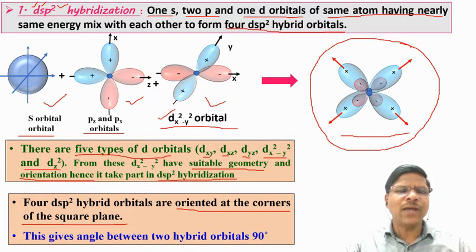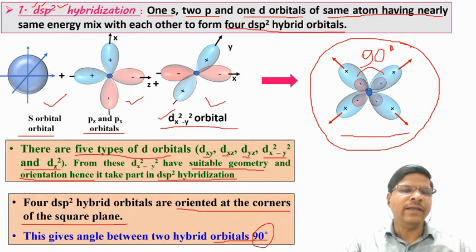And in the square plane, the angle between adjacent orbitals, not any two, is 90 degrees. So for dsp2 hybrid atomic orbitals, we ultimately get a bond angle of 90 degrees.